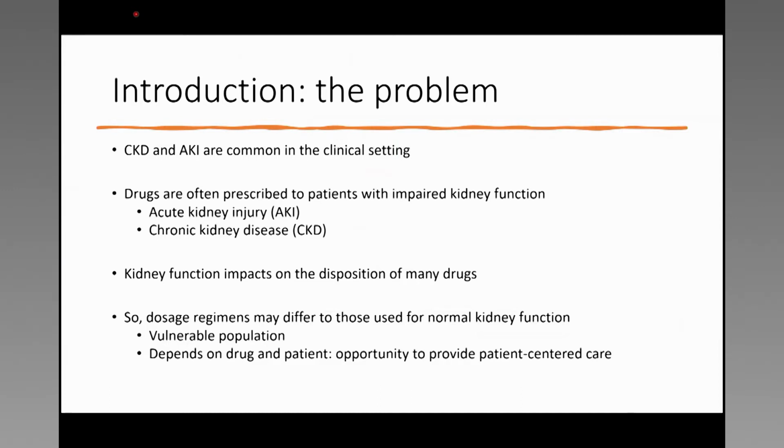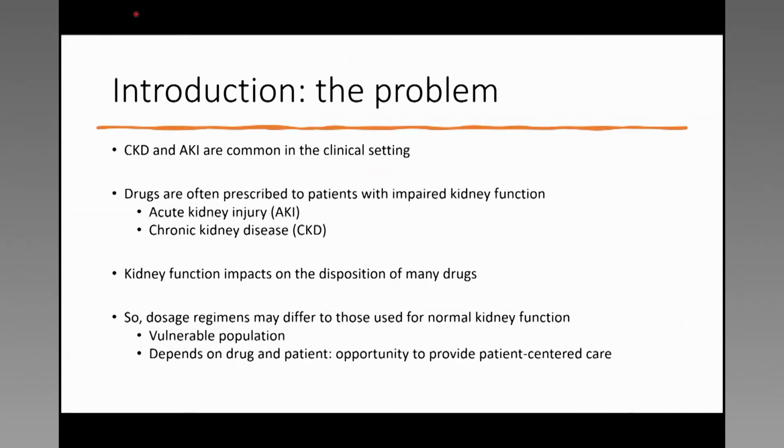What we're learning more and more about is the extent to which kidney function impacts on the disposition of many drugs in the body. And so when we are prescribing or dispensing or reviewing medication orders for patients who have kidney disease and are being treated with medicines, we need to be aware of how these differ between patients with normal kidney function.